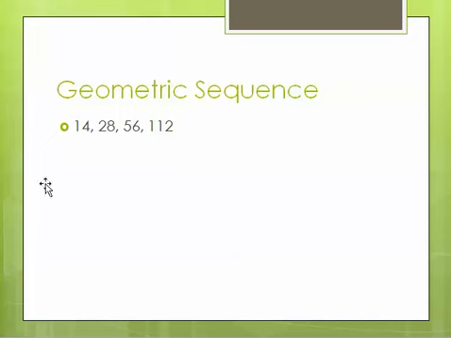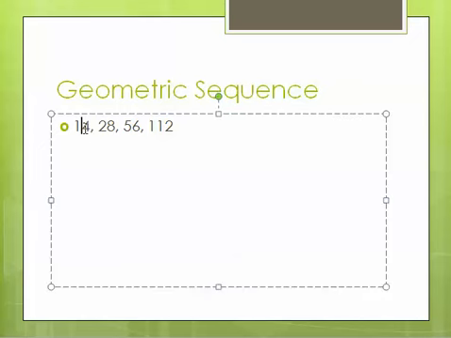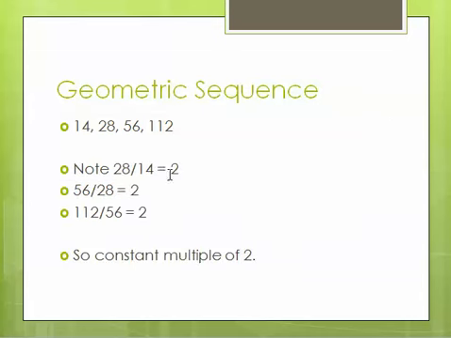Well, what we're taking up this time is a geometric sequence. I'm going to start with the same 14 that I did last time, but instead of 18, the next term is going to be 28, and then 56, and then 112. If you look at these real closely, you take 28 divided by 14 to find that difference term, and you see that it is 2.